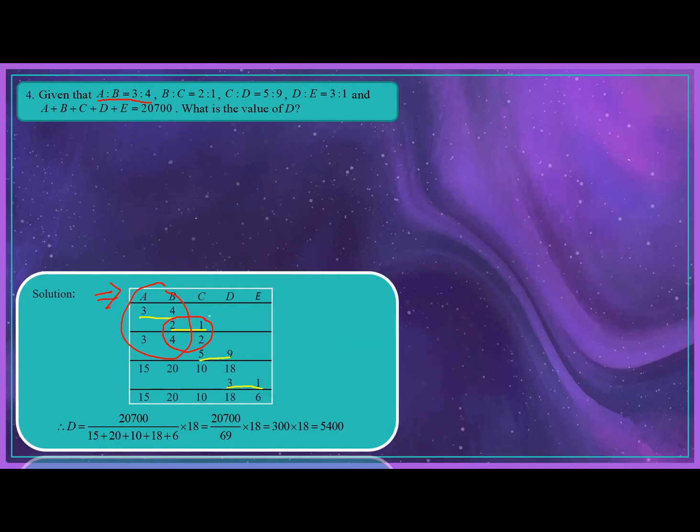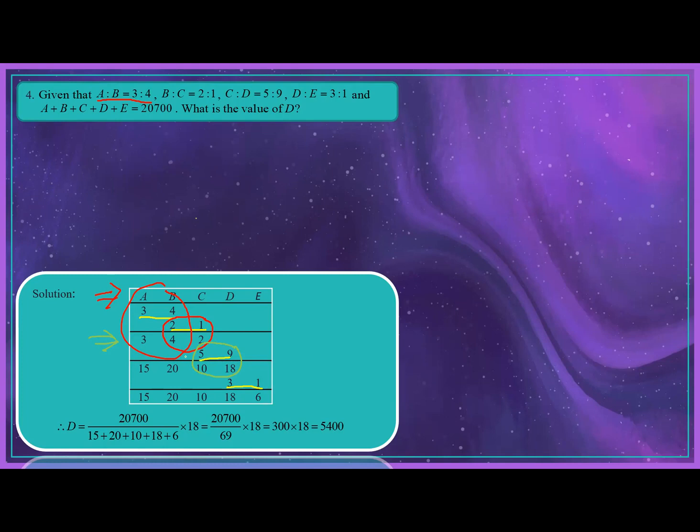Okay, so now you have base C as 2 from this line. Okay, so now you need to adjust everything from that point. So to copy C is to D na 5 is to 9, you multiply 5 by 2. Okay, so now this would be your base point. Okay, after that you adjust from that ratio, you adjust everything to the left.